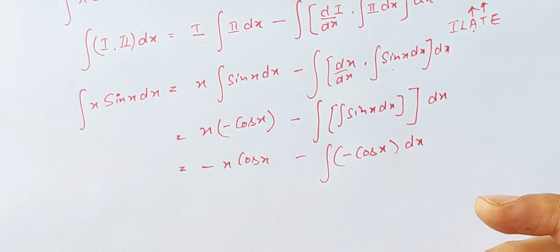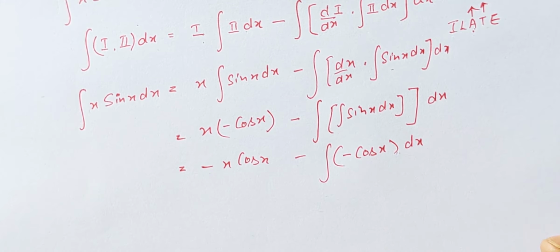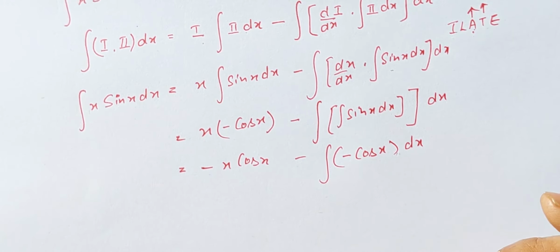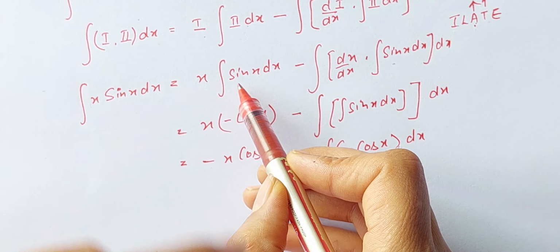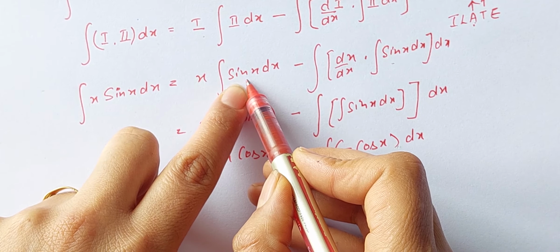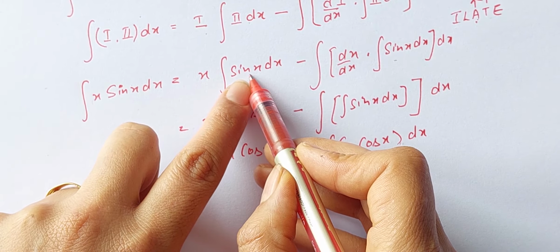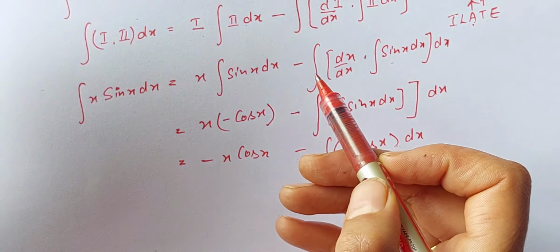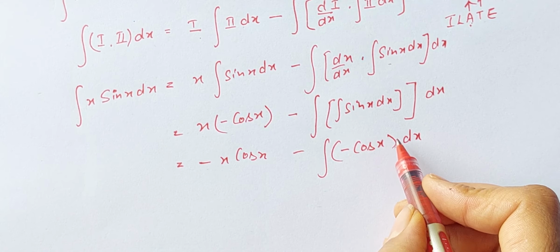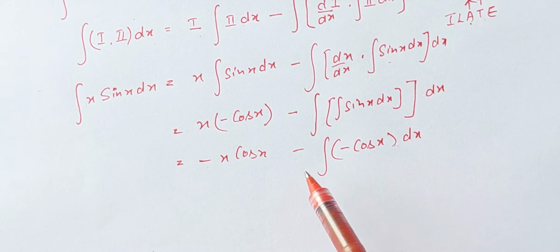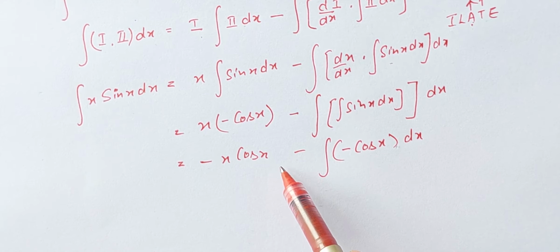Here you must be thinking, why am I not adding c here? Because while finding the integral of any function we do add c, since that can be the derivative of many functions. So the integral of this function is many functions, no? So in integration by parts we do not add c.